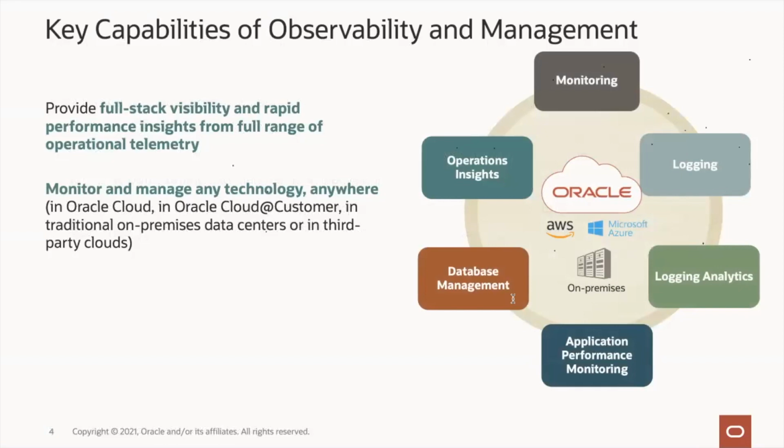With built-in AI and machine learning, it can easily detect anomalies and perform remediations in near real time. These solutions are provided as easy-to-use cloud offerings that allow you to get started within minutes.